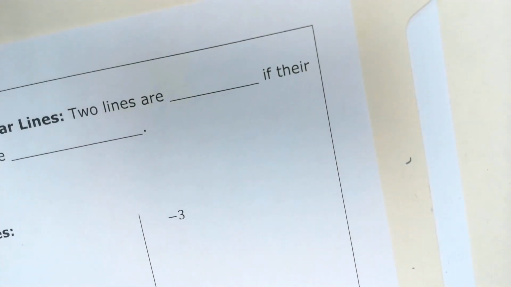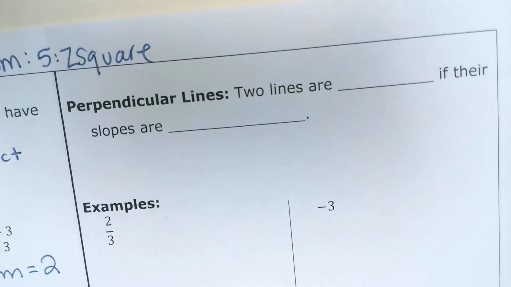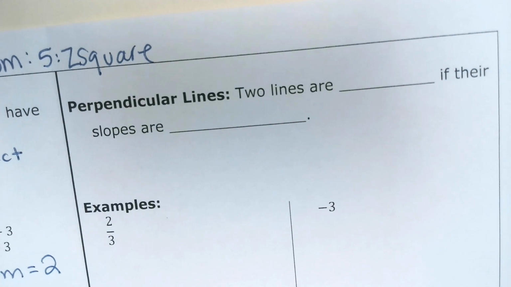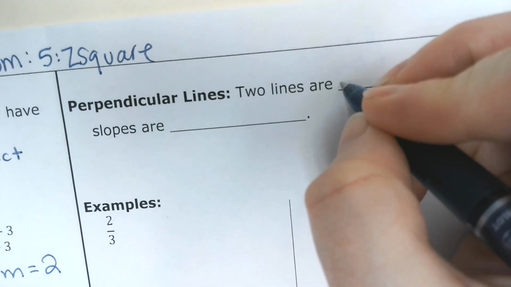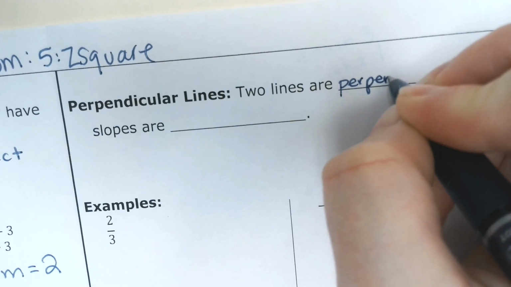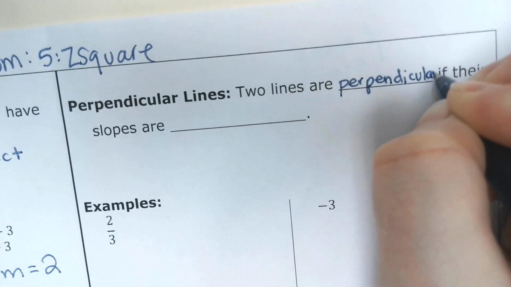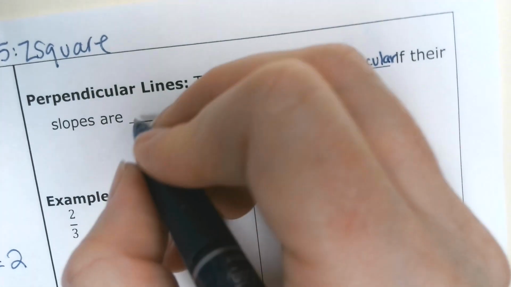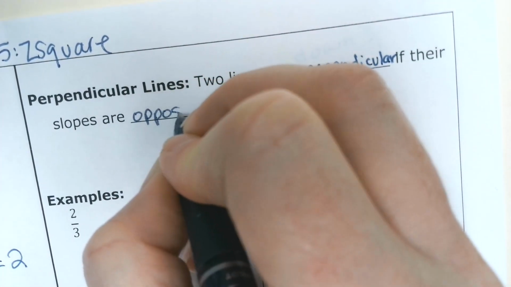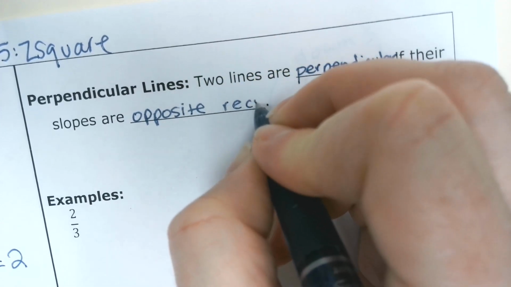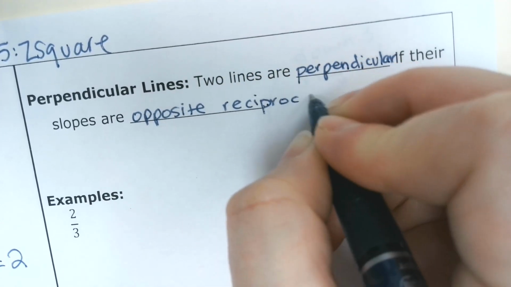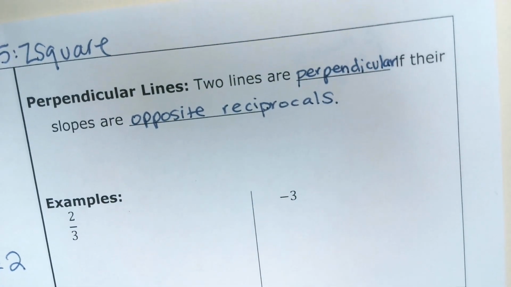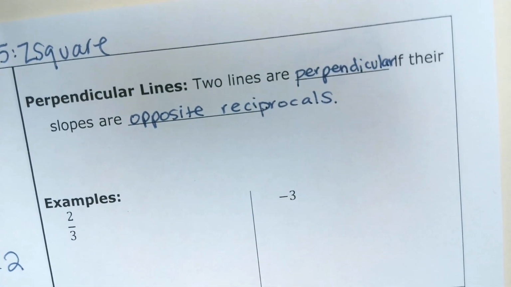Okay, let's talk about perpendicular lines. Two lines are perpendicular if their slopes are opposite reciprocals. So I'll talk about what that means.